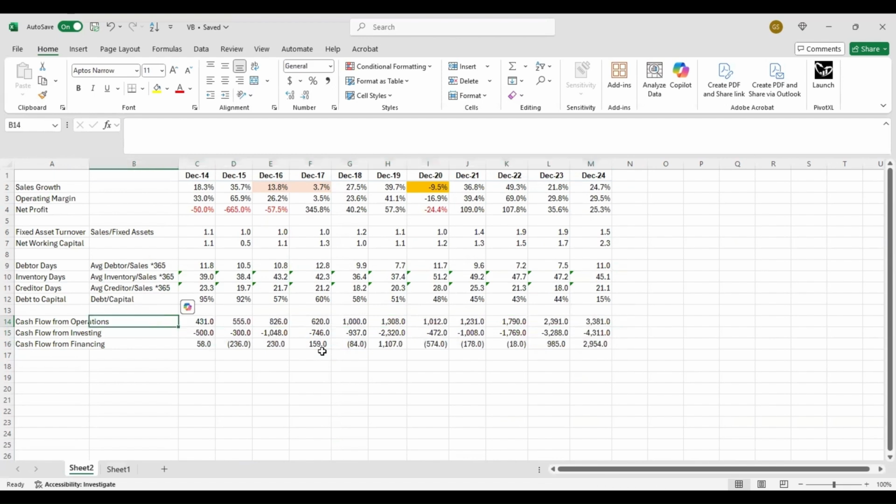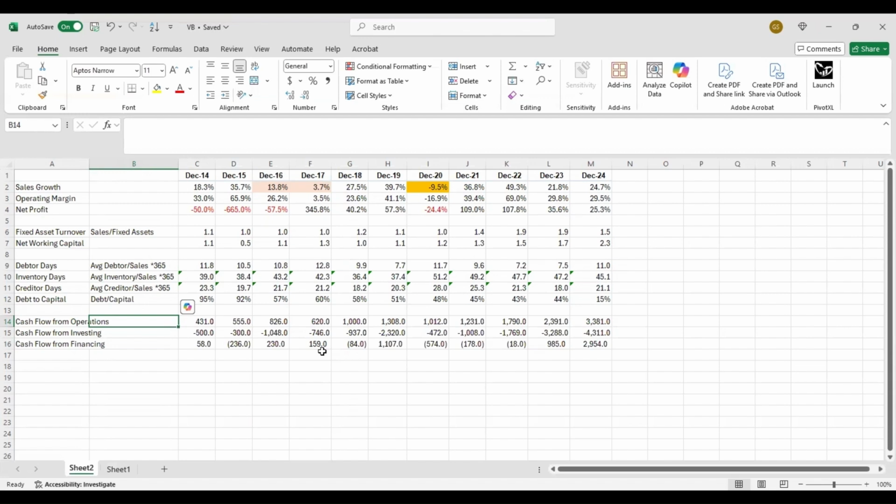Let's first analyze the cash flow from operations activity. Now, what is cash flow from operations? This denotes the cash that has come to us strictly from our core business. A business might earn cash from investments also, from selling stock, from selling fixed assets, from borrowing also. But the cash flow from operations denotes only that part of cash which has come from our core business activities.